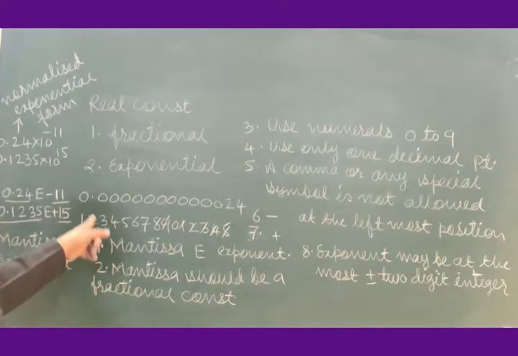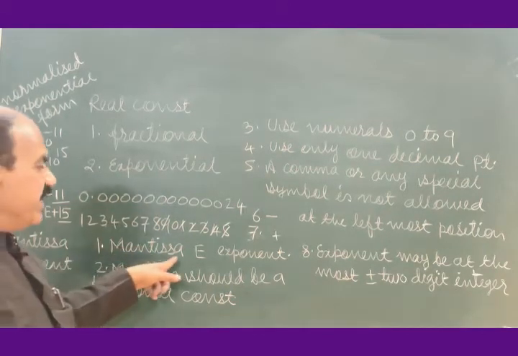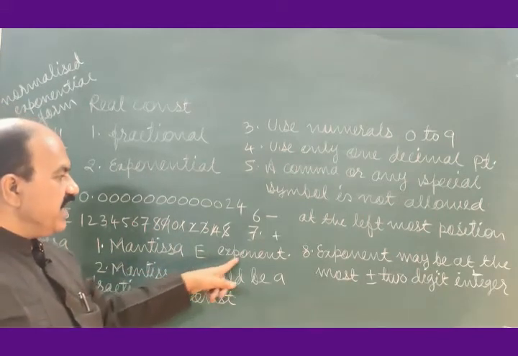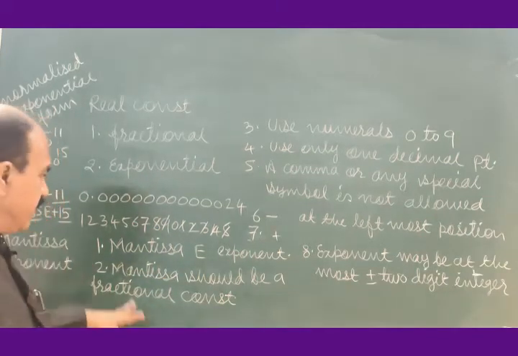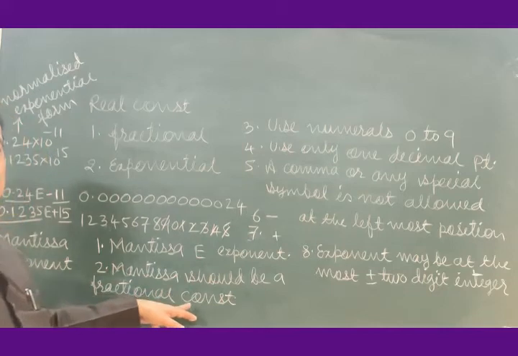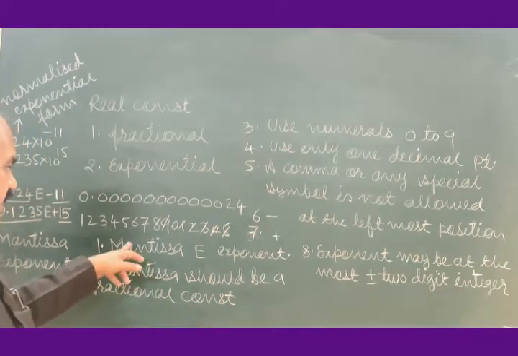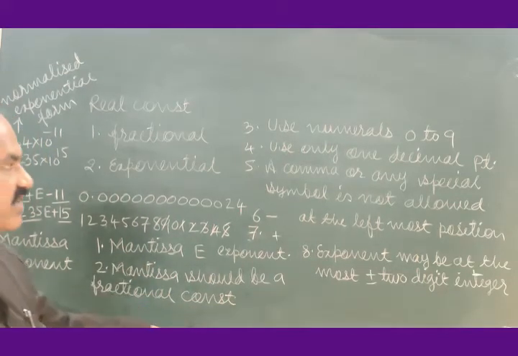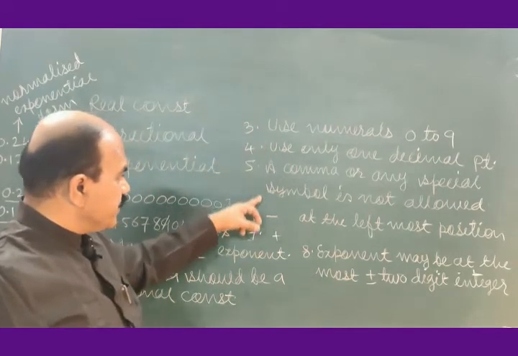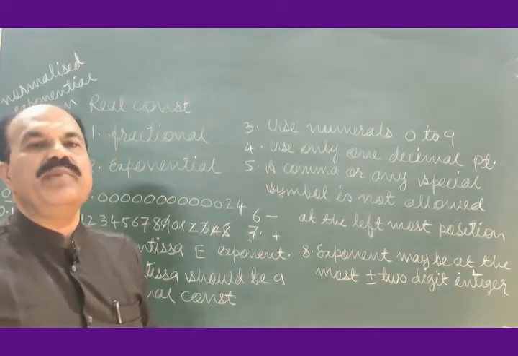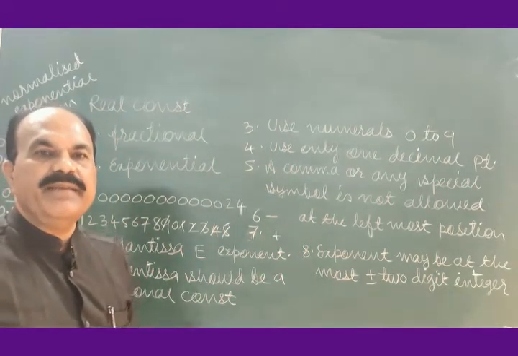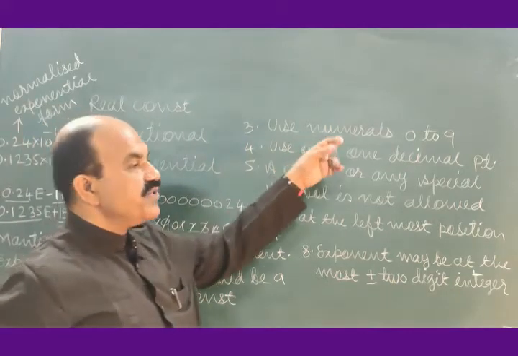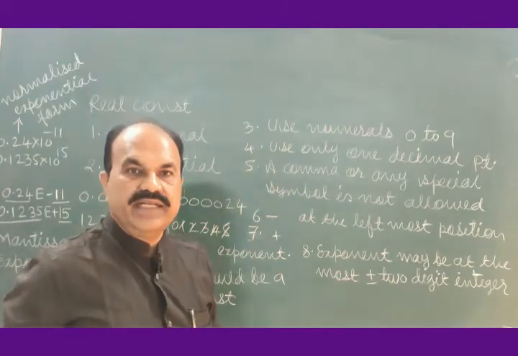The format for exponential constant is mantissa followed by capital E followed by exponent. Mantissa should be a fractional constant. As mantissa should be a fractional constant, these rules up to 7 are to be obeyed by the mantissa. That is, it can use the numerals 0 to 9.